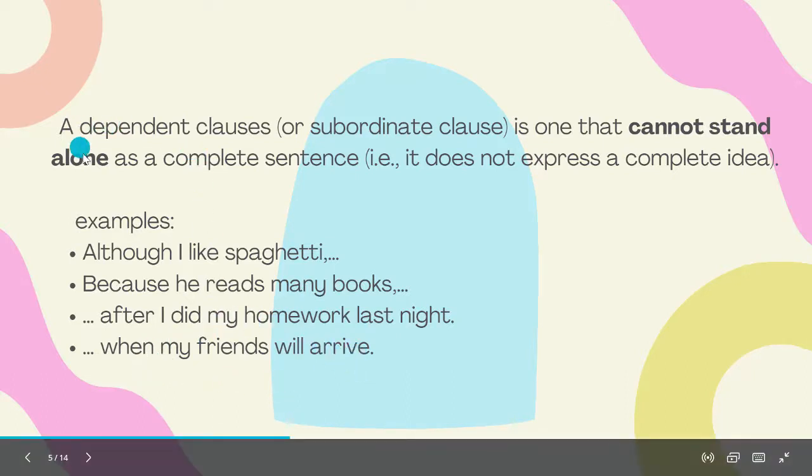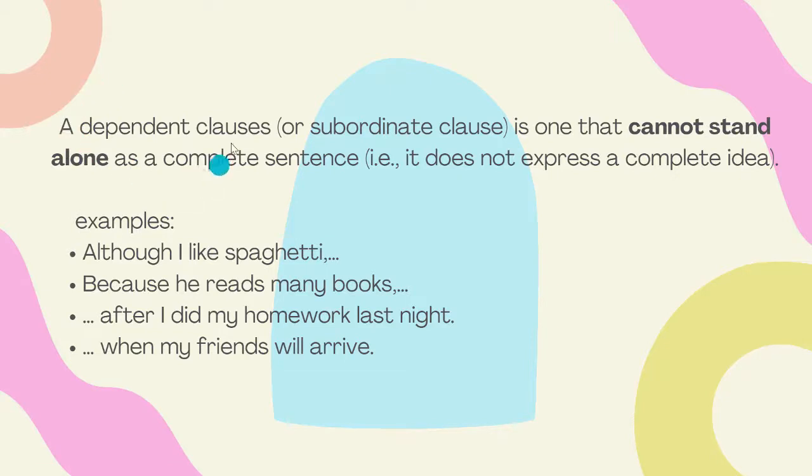So that's why we call it dependent. In Indonesian, this is bergantung, okay? Because it needs another clause to make it complete. It needs an independent clause to make it complete, okay? So that's the idea of dependent clause.